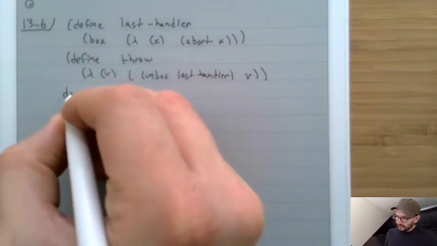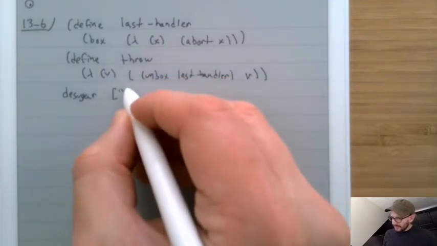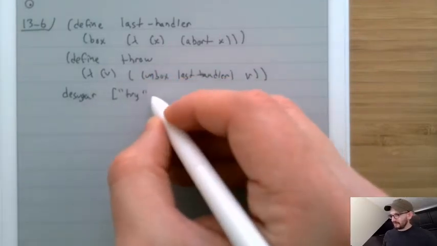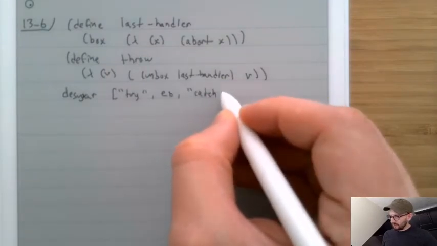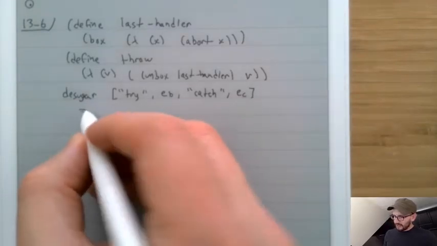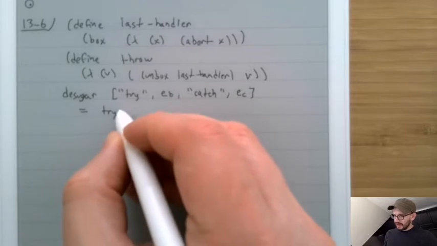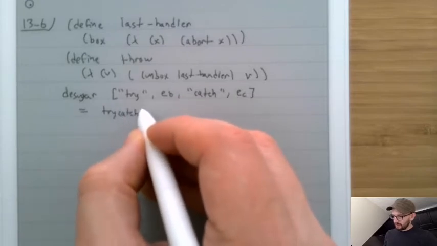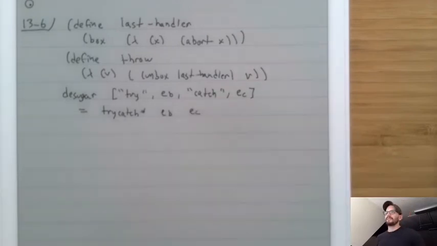We're going to change our desugarer so that when it gets try eBody with catch eCatch handler, it's going to turn that into a function that we're going to write called TryCatch star, and it will give it EB and EC.